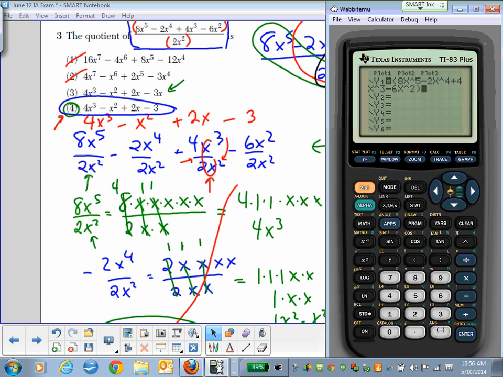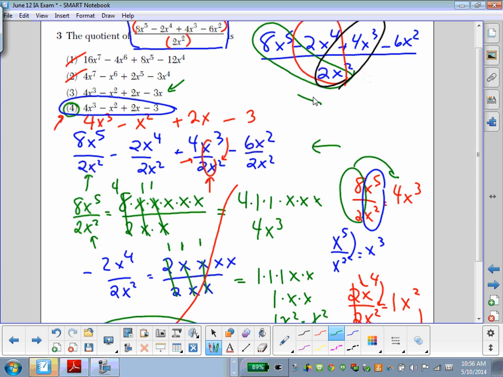I'm going to close my parentheses, and I'm going to divide that by parentheses 2x squared. Okay, so this is from the question. Oops, it disappeared.